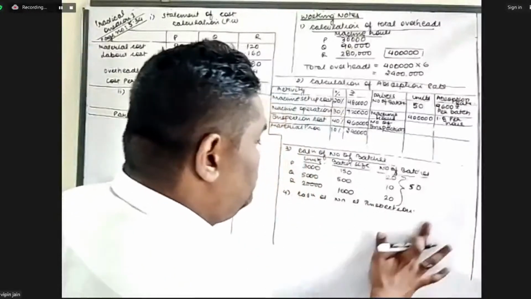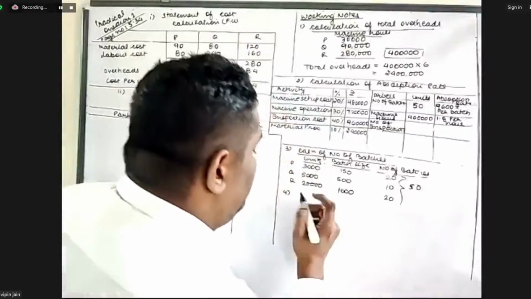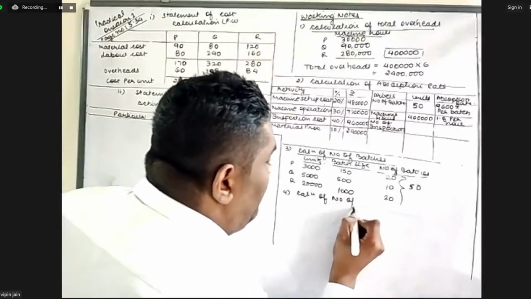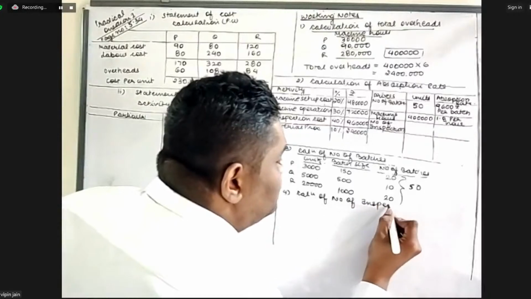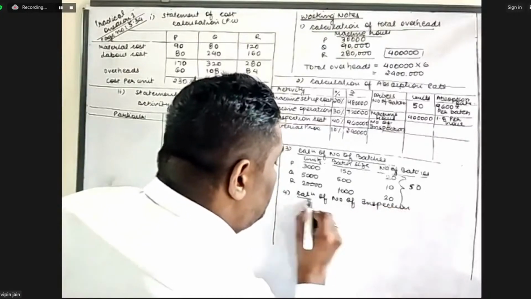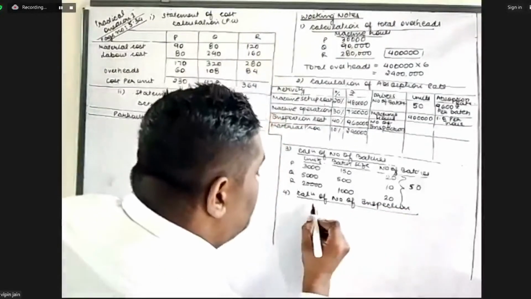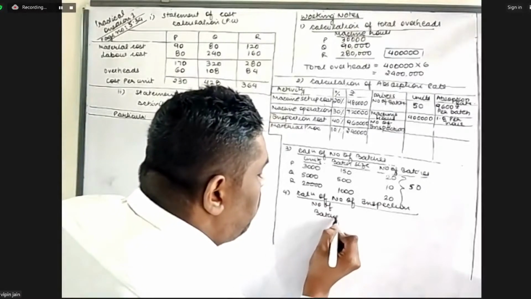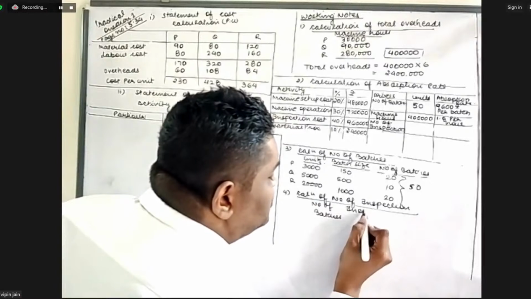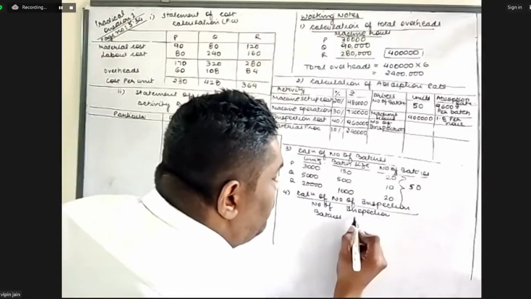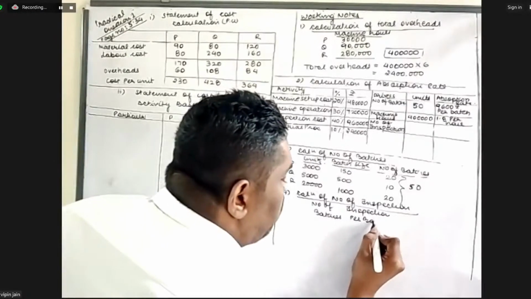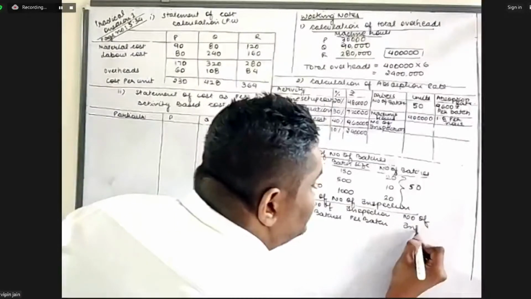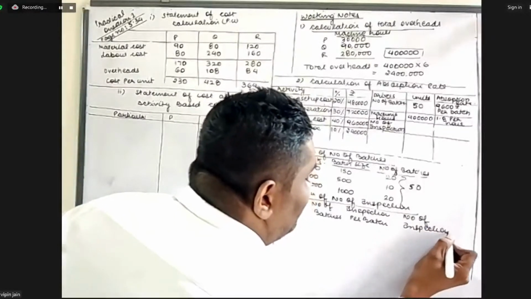One second, guys. I think the letters are not visible. Calculation of number of inspections: number of batches, inspections per batch. I hope these letters are visible now.